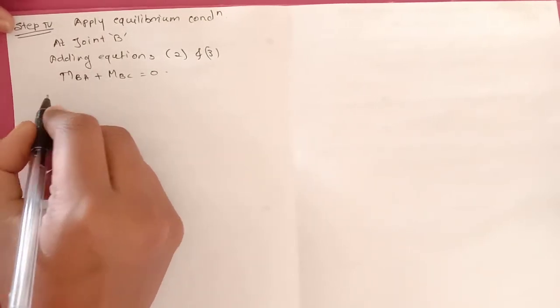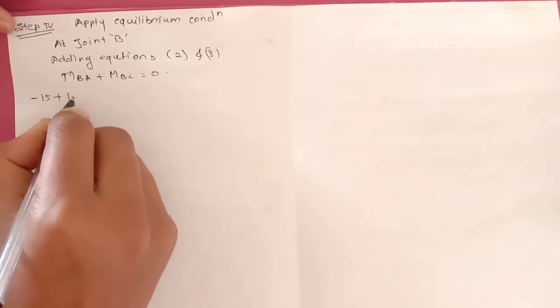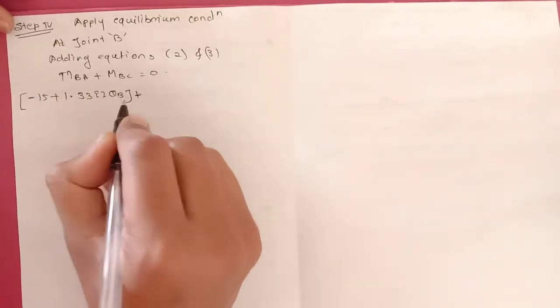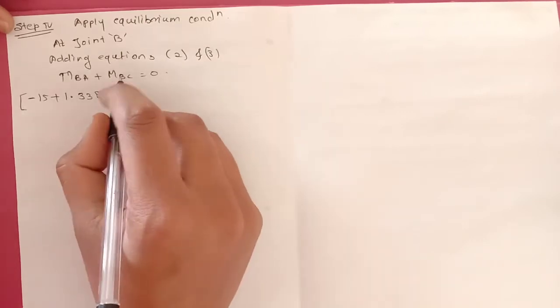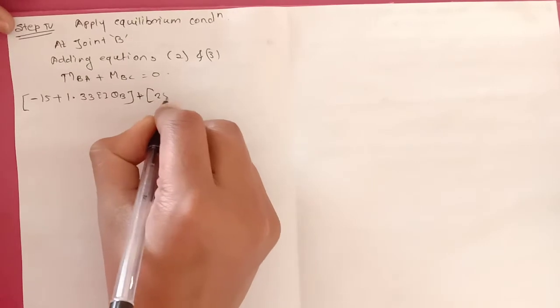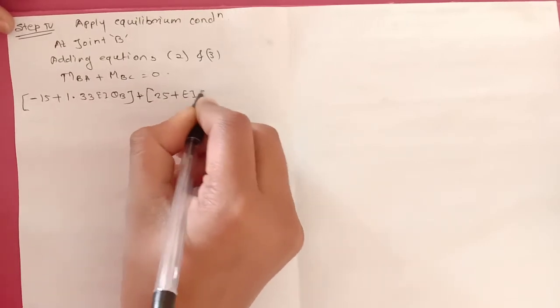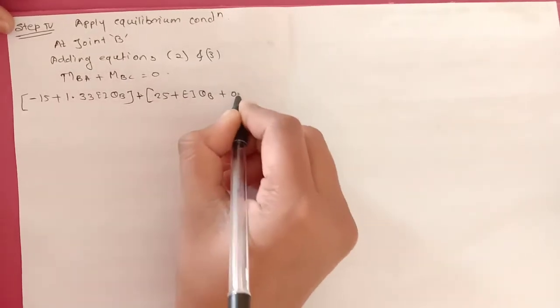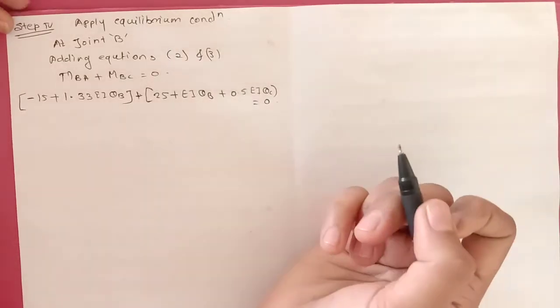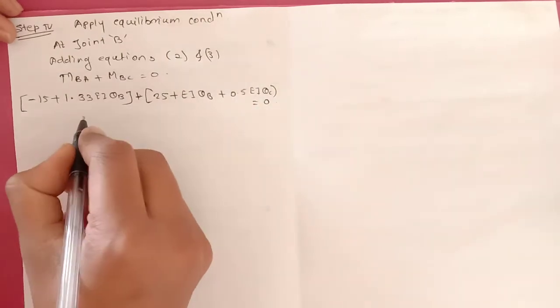The second equation, the slope deflection equation for member BA, is minus 15 plus 1.33 EI theta B. Then the third equation, the slope deflection equation for member BC, is 25 plus EI theta B plus 0.5 EI theta C is equal to 0. So solve this equation.